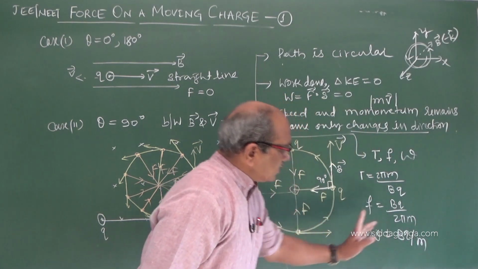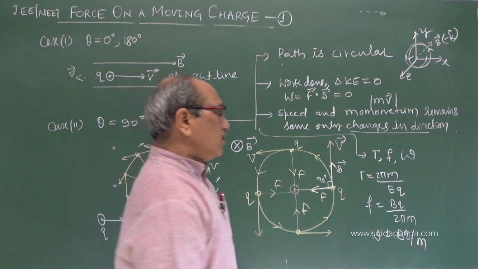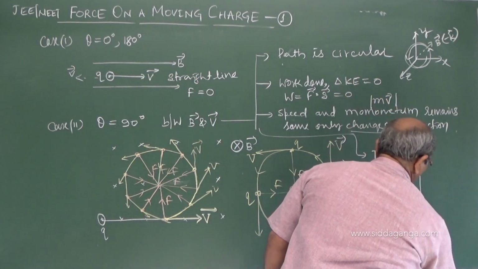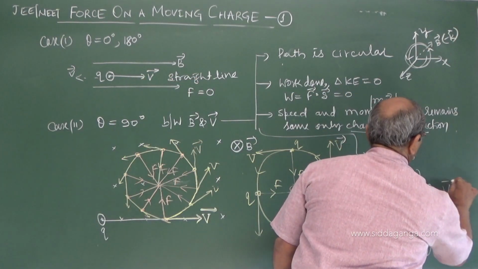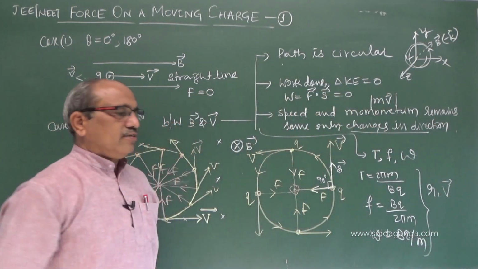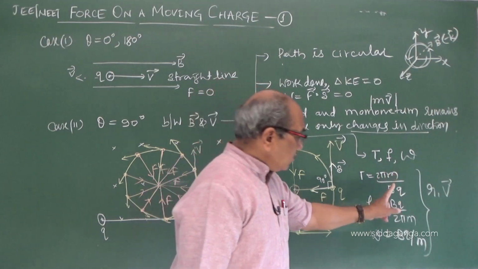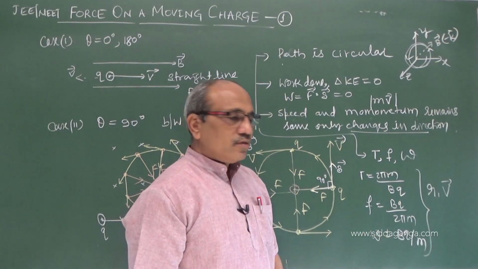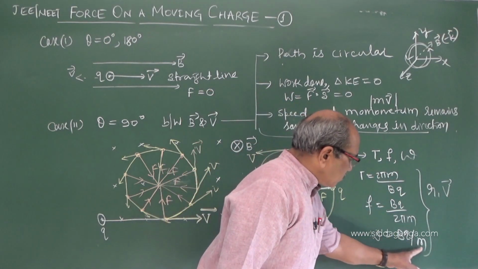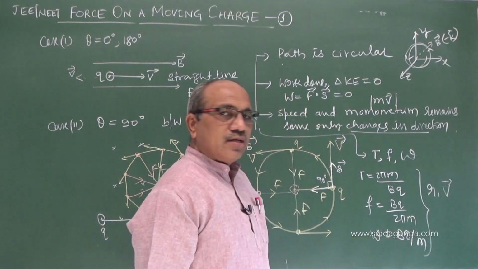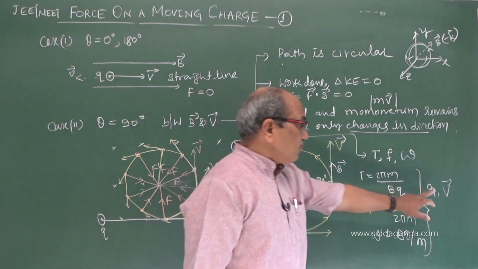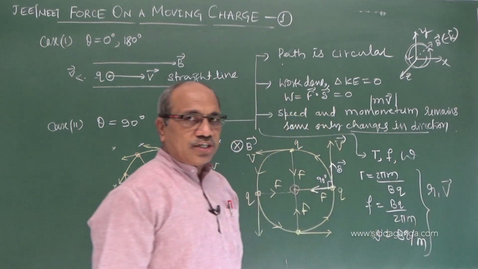In all these cases we see that it is independent of the radius and velocity of the charged particle. It depends on mass, charge and the magnitude of the field. This we define: it depends on the specific charge and magnetic field, but is independent of the radius and velocity of the charged particle.